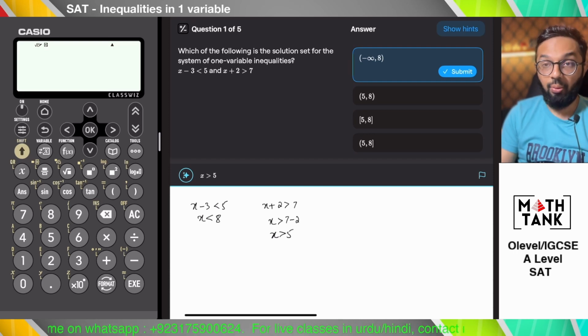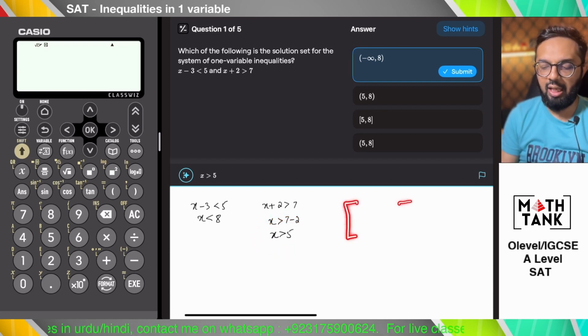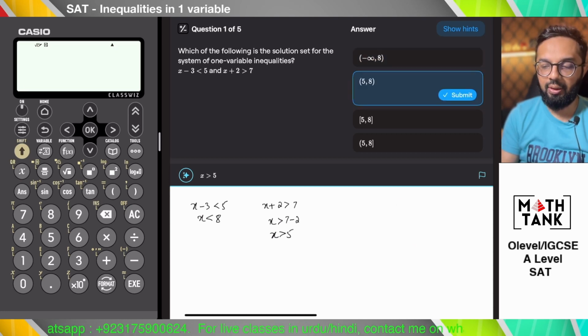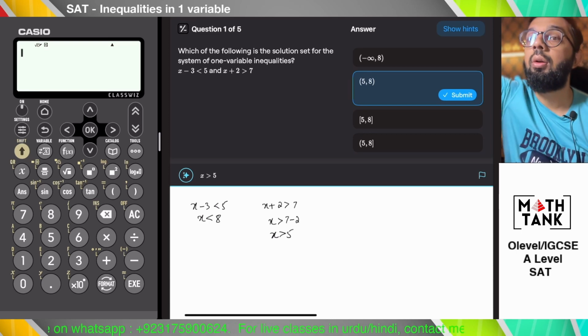Therefore, you will put a round bracket. Similarly, you will have a round bracket for 5 as well. If there is a square bracket, this means that the number is included. So my answer is going to be round bracket 5 comma 8, round bracket after that.